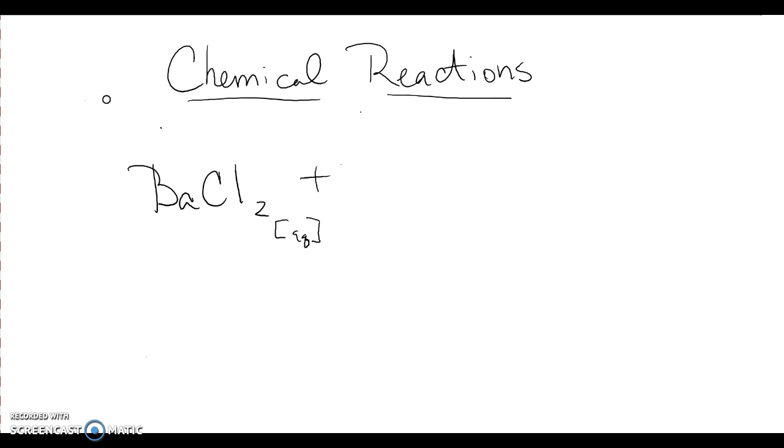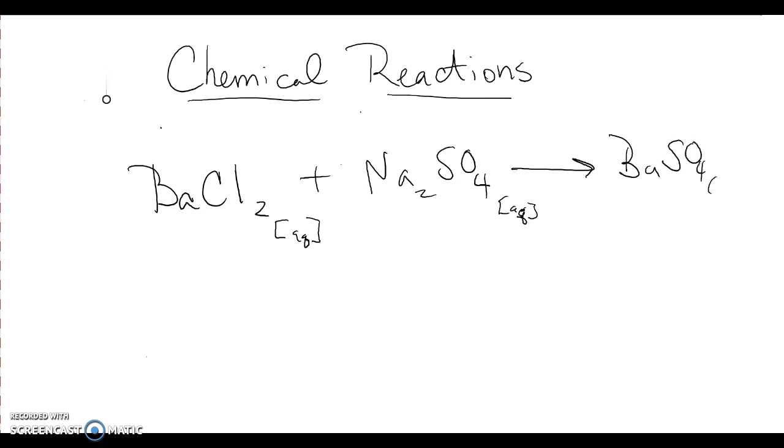And then it'll say plus Na2SO4, and then another AQ here. And then it'll tell you what it turns into, which is BaSO4, which is a solid, plus and so on.